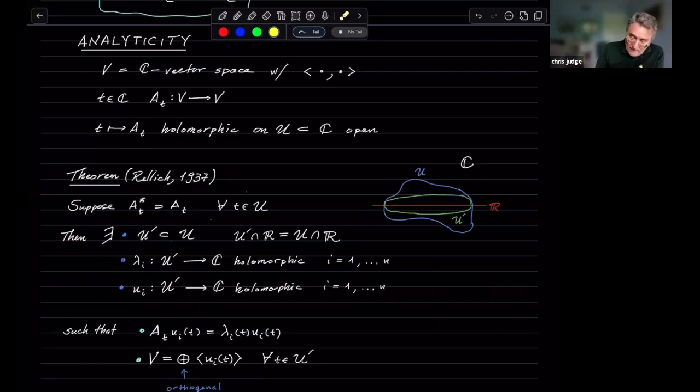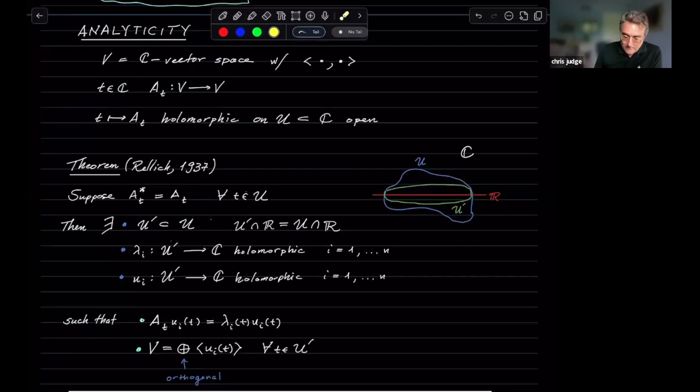Okay, and then the theorem of Rellich, from his first paper that I mentioned last time, is that if you know that for t inside the set U, the Hermitian adjoint A(t)* is equal to A(t bar), where bar means complex conjugate, for all t in your set, then you can find a slightly smaller set U prime, shown in green here, that meets the real numbers.